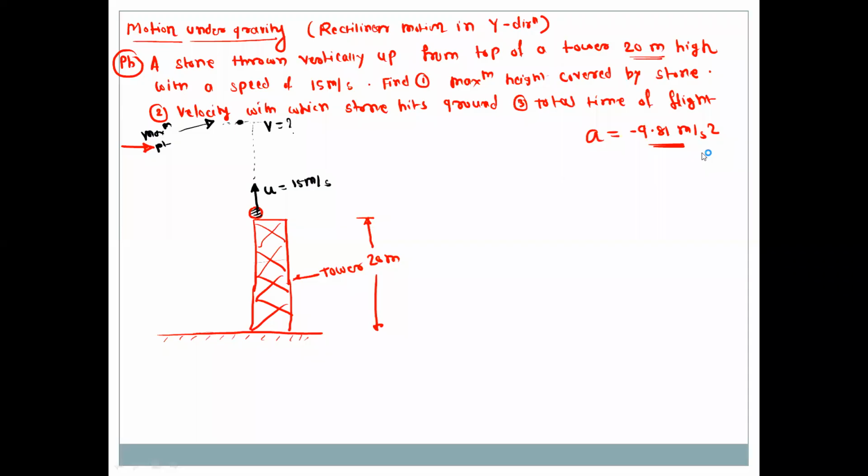Zero, because after that point, the object will change the direction of motion and it will start falling in the downward direction. So at this point, velocity will be zero and it will start the motion in the downward direction. Okay, so we have to find out this maximum height. So let us take this height as h or h max.